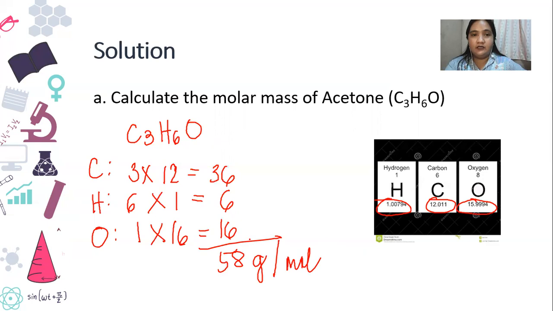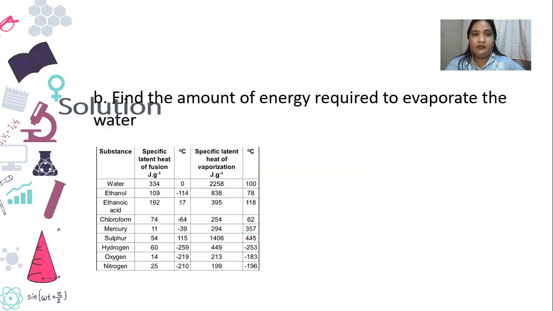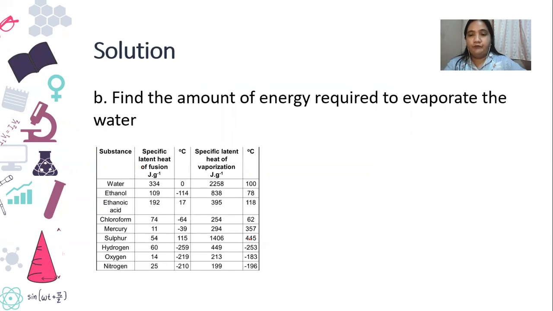Okay, what's the next step? Find the amount of energy required to evaporate the water. Yes, because you're turning water to steam, and you have to get that energy, and then use that same energy later on for acetone. So we're using our enthalpy equation, which is H equals M times HV, the heat of vaporization.